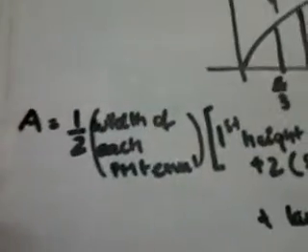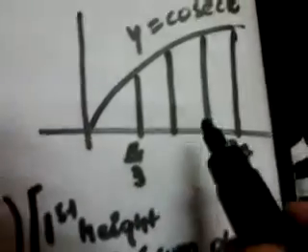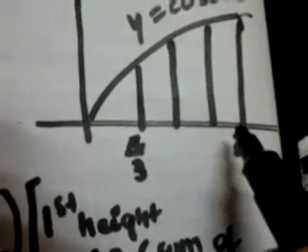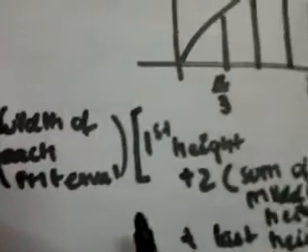So we have the area equals 1/2 the width of each interval. The width of the first interval is equal to the width of the second interval, that is equal to the width of the third interval. The width of each interval is the same. So 1/2 the width of each interval times the first height.